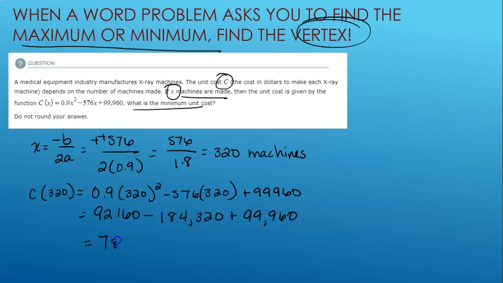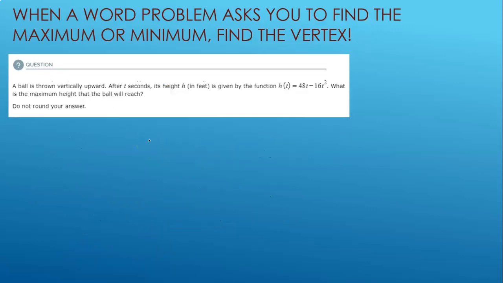And the minimum cost is 7,800. So the minimum number of machines to make is 320, but the minimum cost is 7,800. There are two variables here. We have to look and make sure we know what it's asking for.